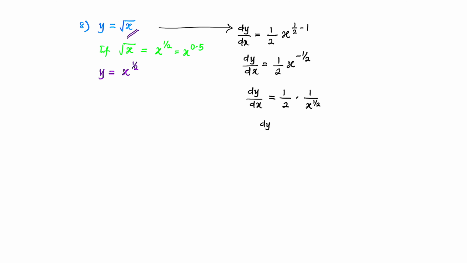So dy/dx equals 1 multiplied by 1, that's 1, divided by 2 multiplied by x raised to power 1 over 2, is 2x raised to power 1 over 2. And you can even take it one step further. dy/dx equals 1 divided by 2 root x. Like we said earlier, x raised to power 1 over 2 is the same thing as square root of x. We have written the answer back in the way the question was given to us.